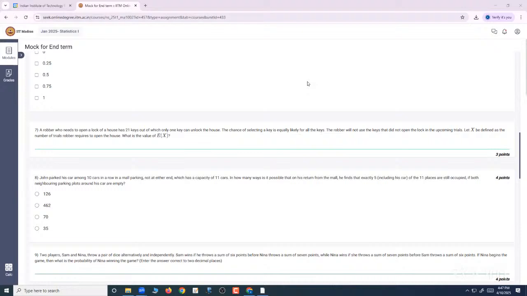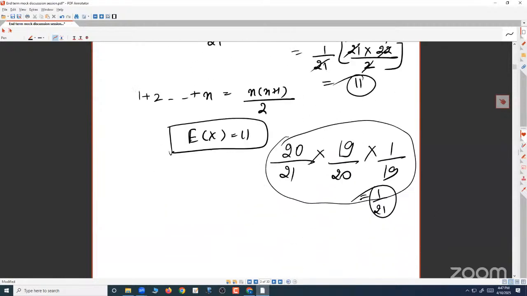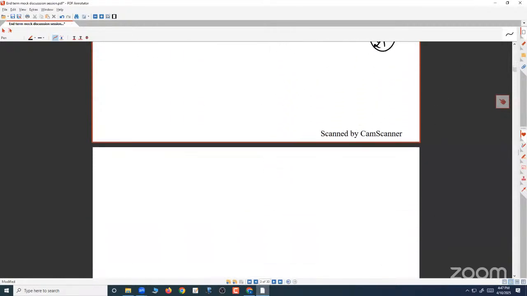Ma'am, how 4 cars? Can you explain? Okay. So basically, John has a car. Let's say there are 11 places: 1, 2, 3, 4, 5, 6, 7, 8, 9, 10, 11.